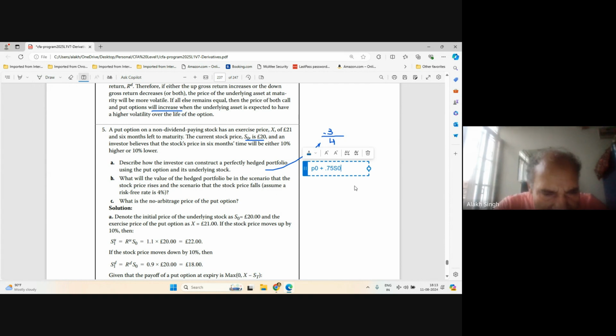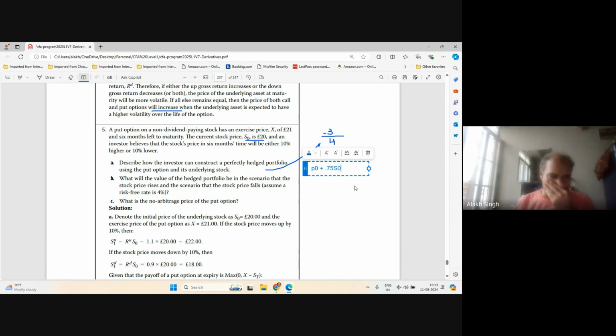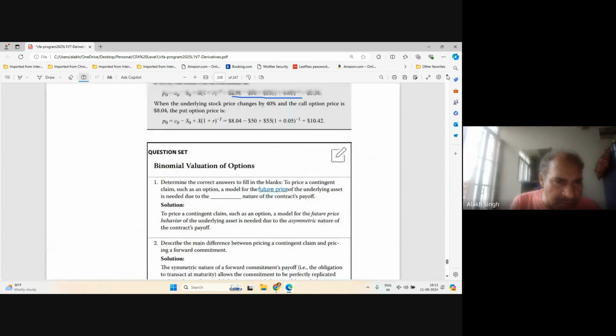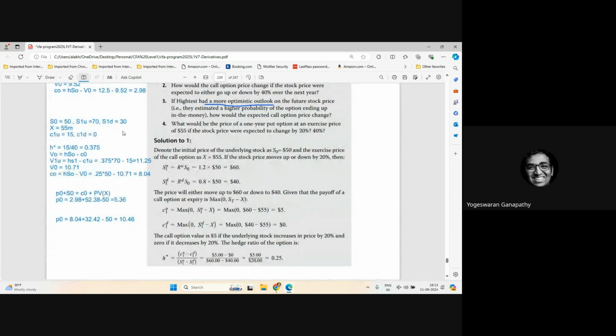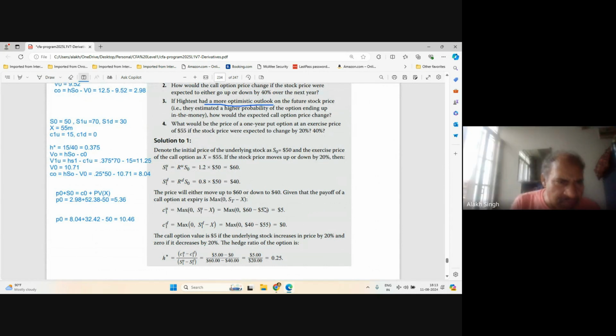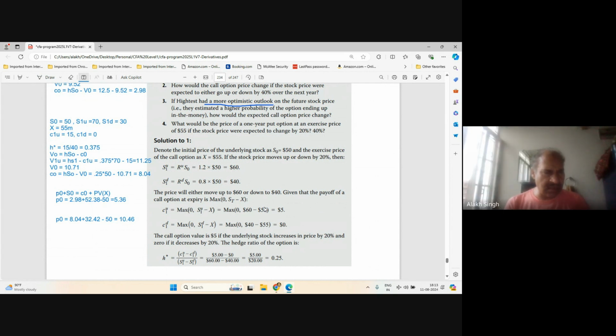So do you want to calculate or do you want to move forward? We'll calculate. Let's calculate then. Let's come here and copy this formula. But here we don't have the C0. We can calculate C0 and then we can calculate P0 as well from that.